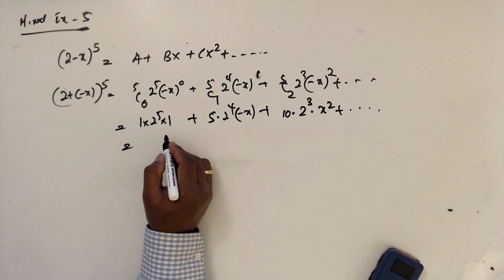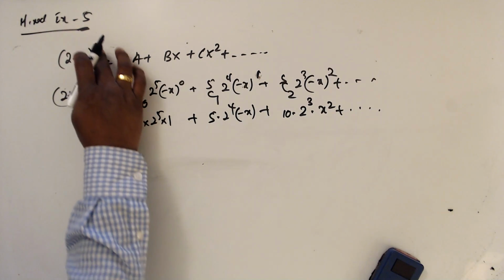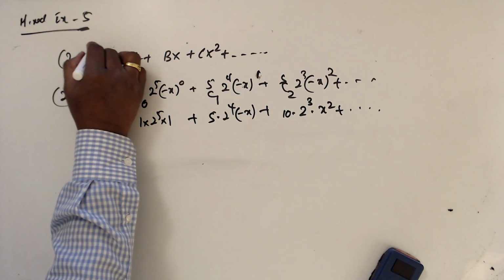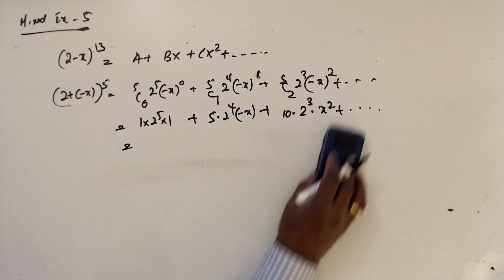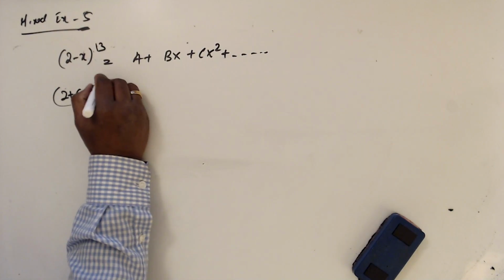So 2 to the power 5. I think I have to rework this sum. This is not 5, this is 13. Then I had to rewrite everything. So, okay.